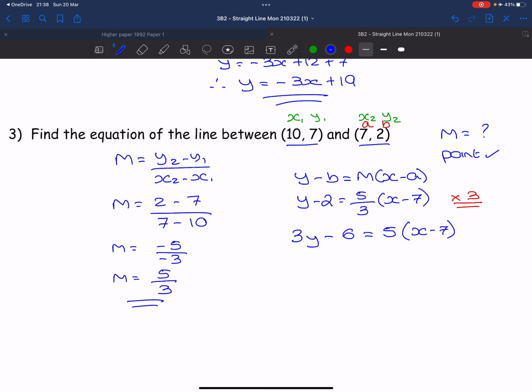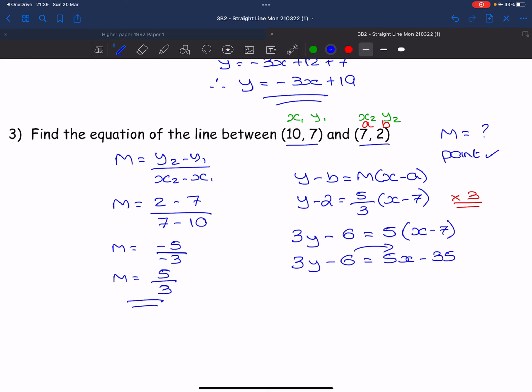I multiplied the y to get 3y, the minus 2 to get minus 6, and because the 5 thirds is multiplying the x minus 7, I can just multiply by the 3, and I'm just left with 5 multiplying the x minus 7. Now I've got a whole number that I can run through the bracket. So I get 3y minus 6 is equal to 5x minus 35.